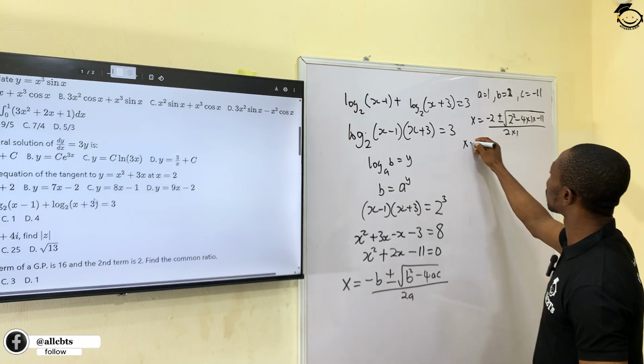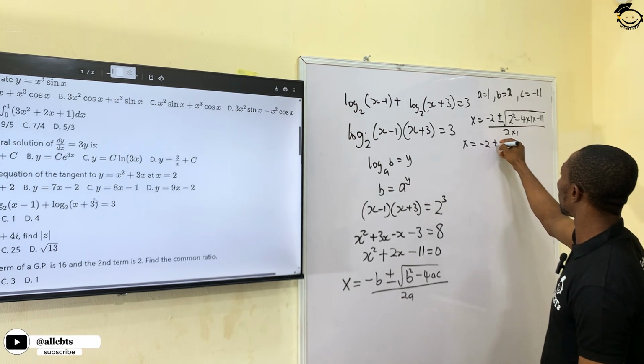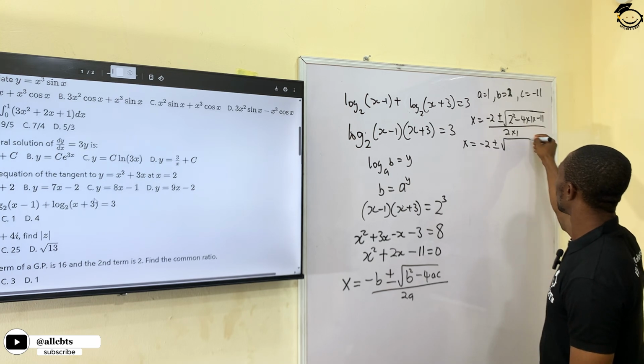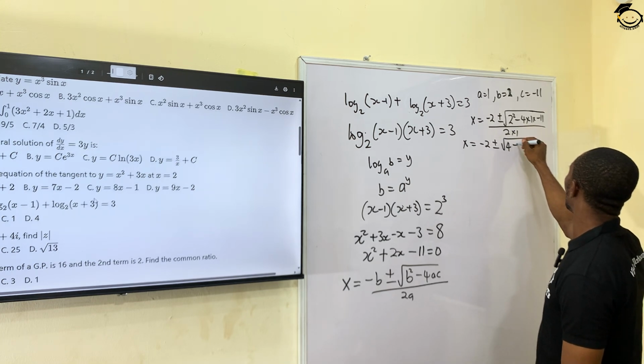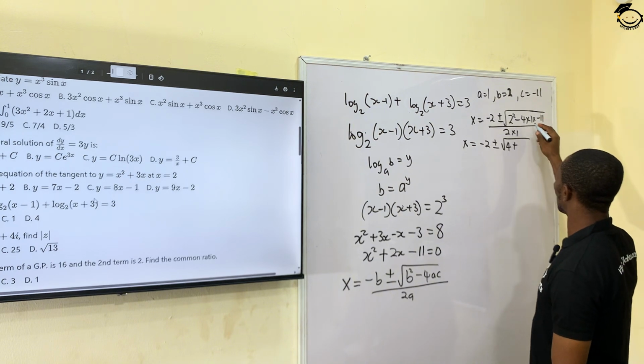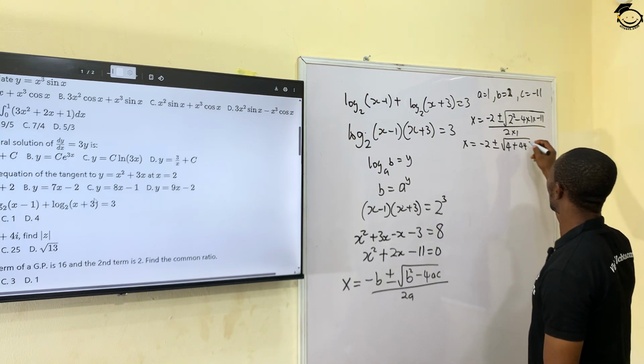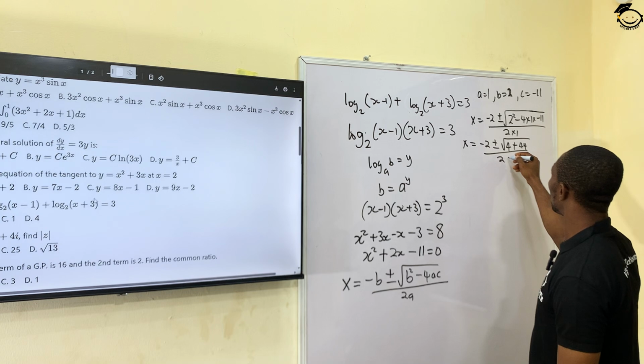So our x will give us minus 2 plus or minus root of 4 plus 11 times 4, which will give us 44, all over 2.